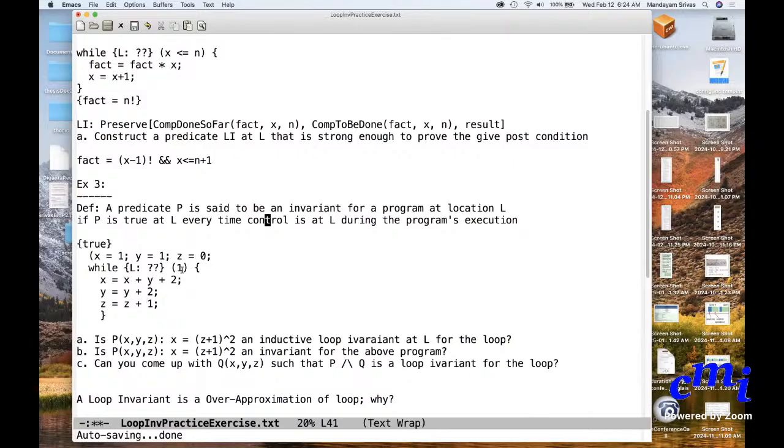In this case, this is a non-terminating loop, so you always enter the loop, and after you execute one iteration, you should check if x is equal to z plus 1 whole squared holds good.